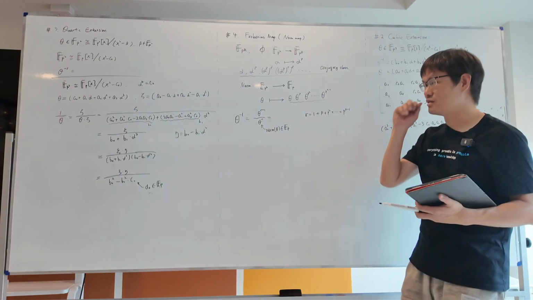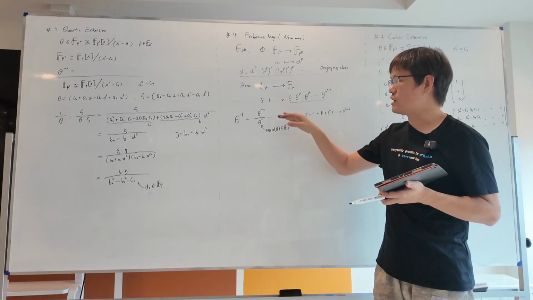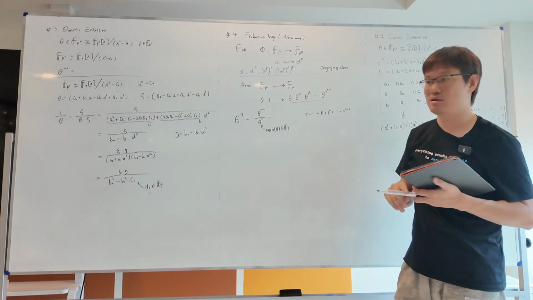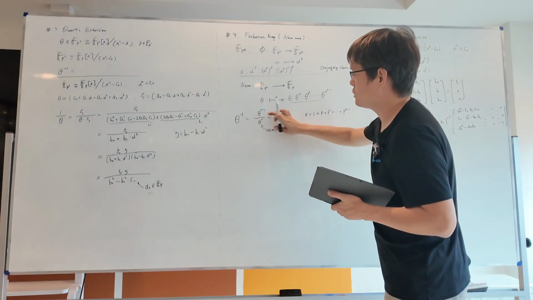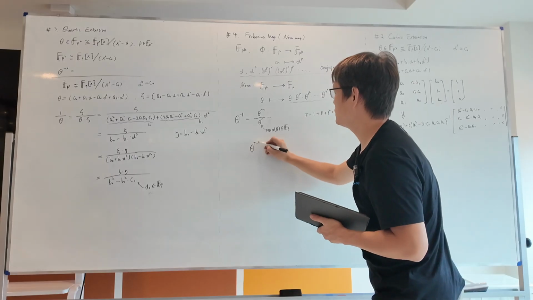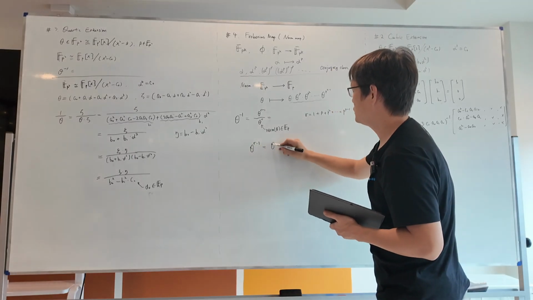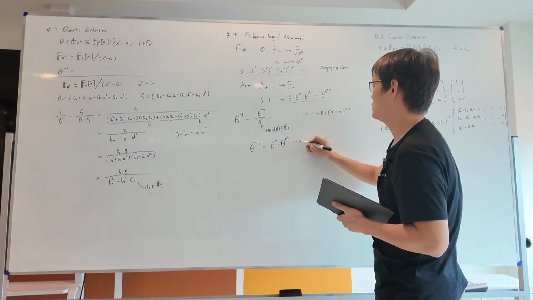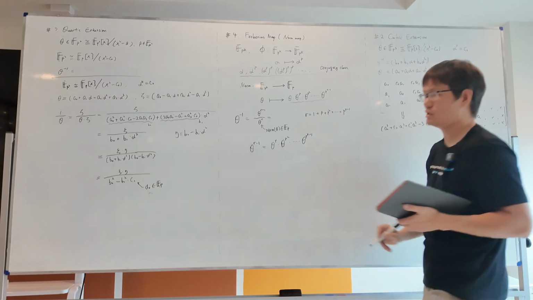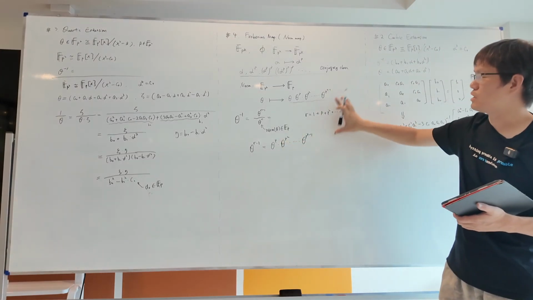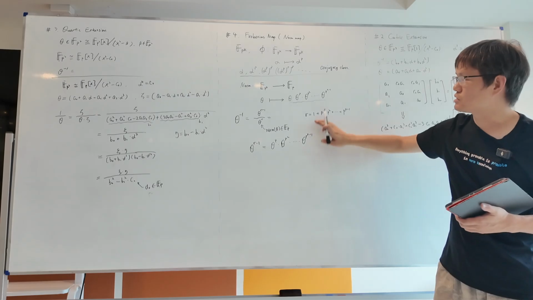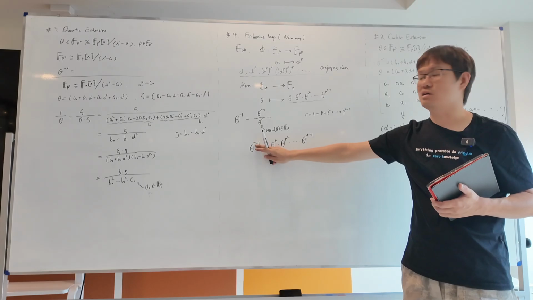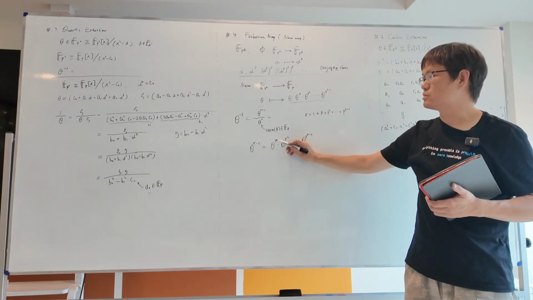Now the remaining work is how to efficiently compute theta^(r-1). Theta^(r-1) equals theta^p times theta^(p^2) up to theta^(p^(k-1)). We compare the two expressions: here we have one more theta, but because the exponent is r minus 1, only this part is different.